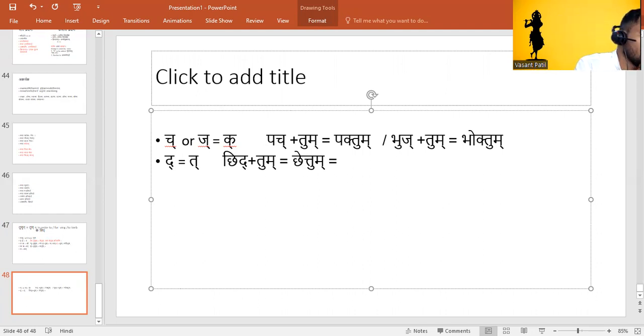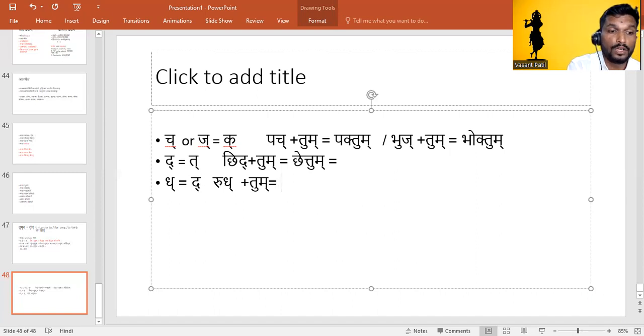And if the dhatu ends in that letter, it will change into the other. Do we have any proper sutra for this? Yes, we have, but they have given it in this way, so let us understand it in this way. I will explain in another way later. For example, rudha is the dhatu and tumunta is the pratyaya.